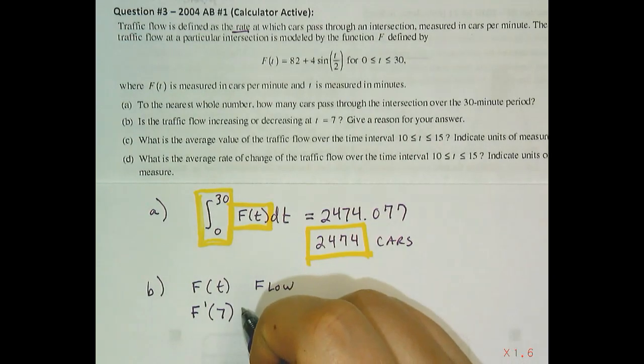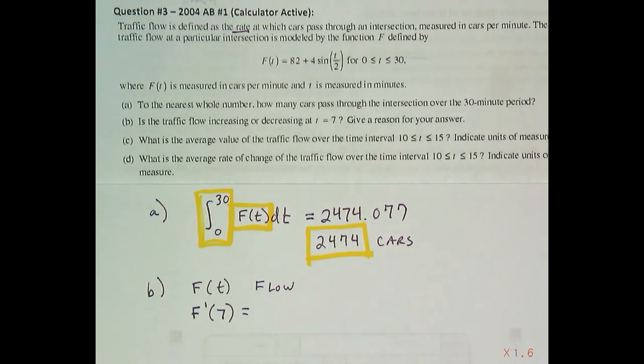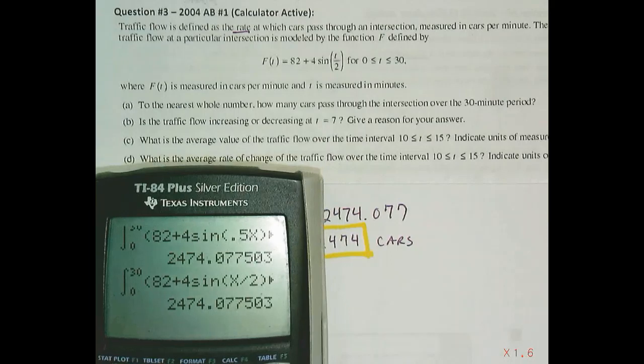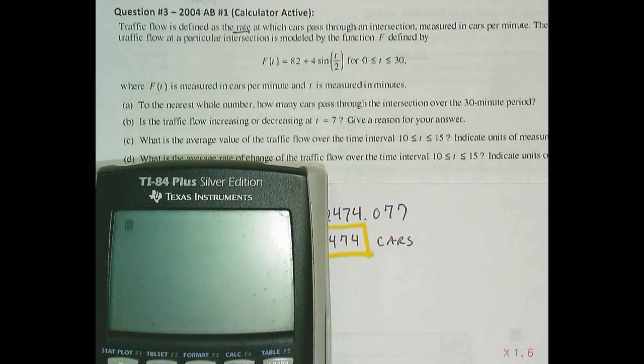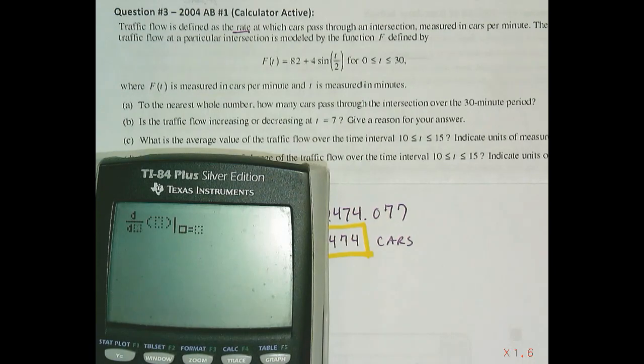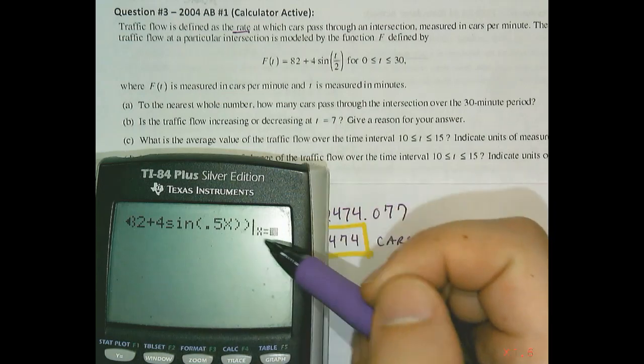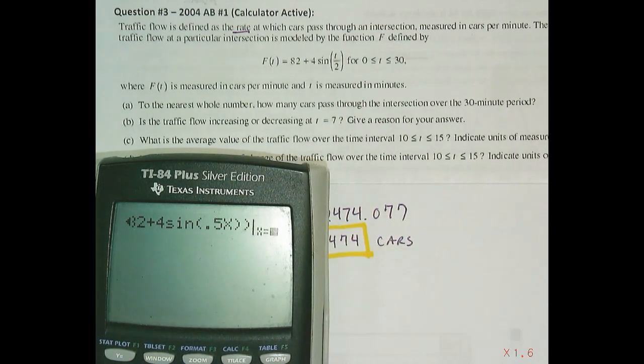And again, our calculator can evaluate derivatives for us. If I press math 8, that pulls up the derivative. I want to take the derivative of 82 plus 4 sine 0.5t with respect to t, at time 7.